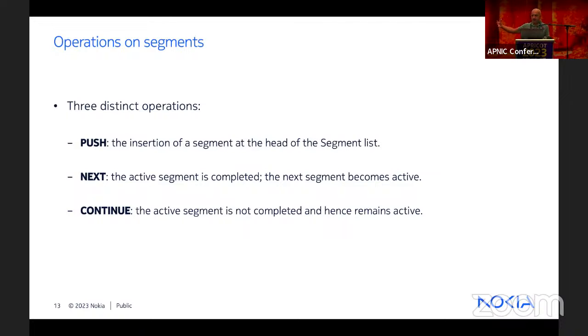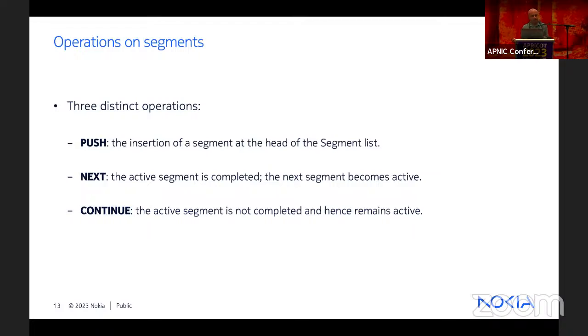Now, in a segment routed MPLS network, we have similar operations, except we have different names. We have different names because these names are generic across segment routing MPLS and SRv6, right? So one operation is the push operation, exactly the same. You're adding a new segment to the top of the segment list.